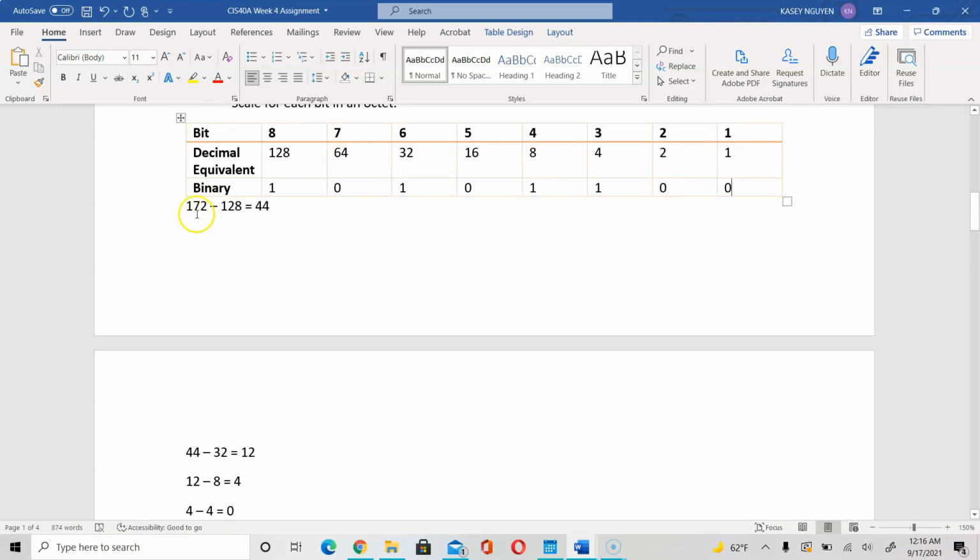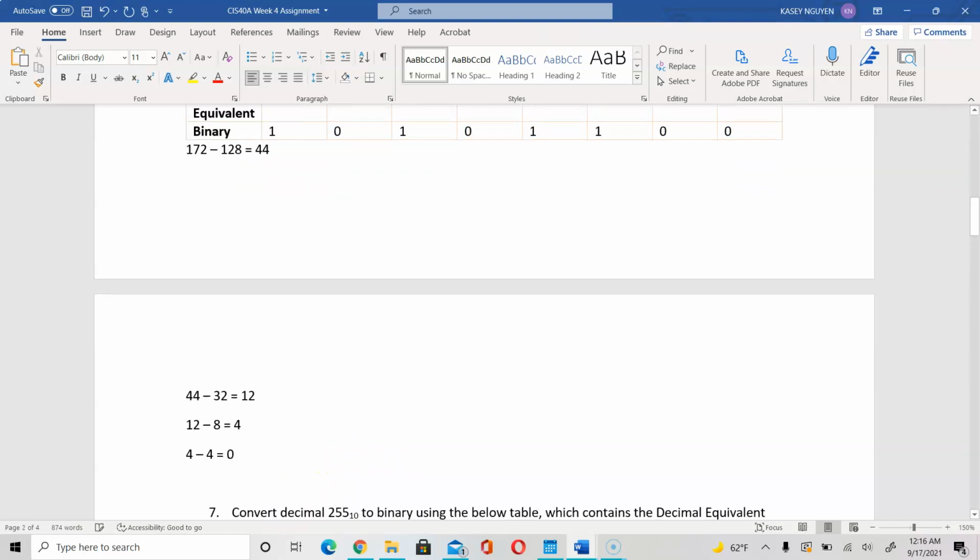So 172, which is a base 10 number, is going to be 1, 0, 1, 0, 1, 1, 0, 0.